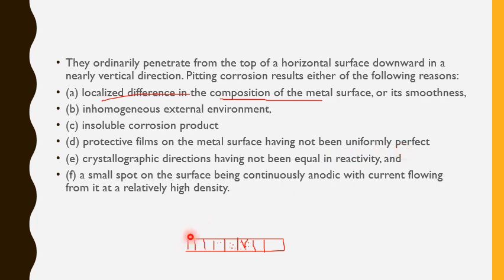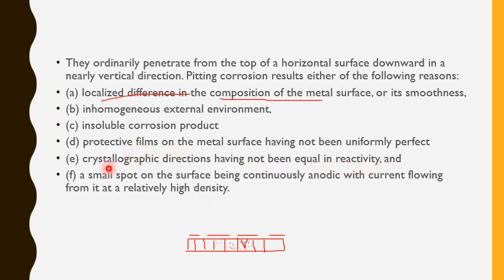This is also another reason. Protective films are on the metal surface, but these protective films are not uniform. So at places where this protective film is weak, more corrosion will take place at those places. So pits will be formed at that place. Crystallographic directions not having been equal in reactivity.